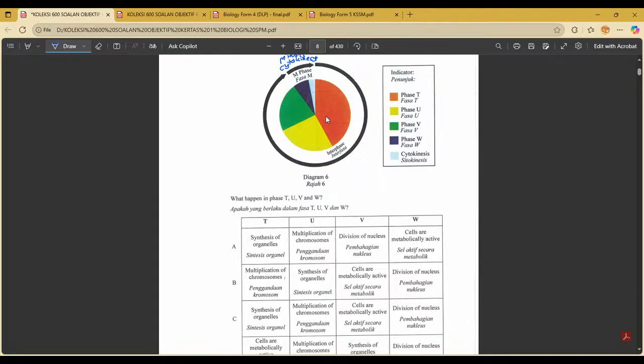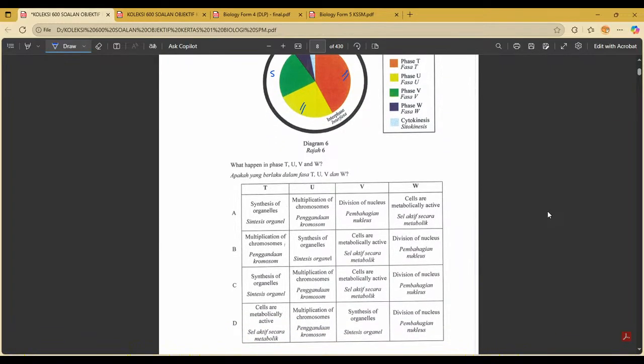This is S phase. This is, I don't remember the name, and this is, sorry, also don't remember the name. But what I remember is the multiplication of chromosomes.